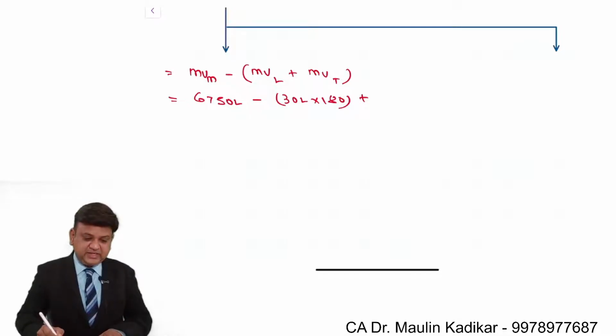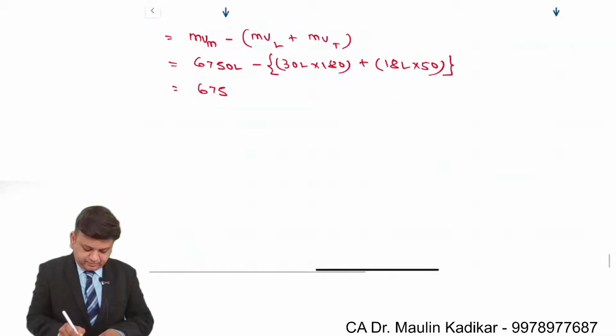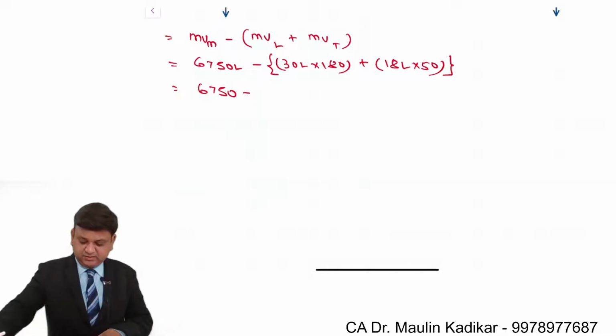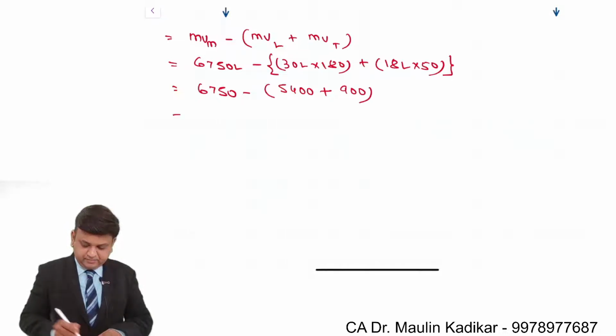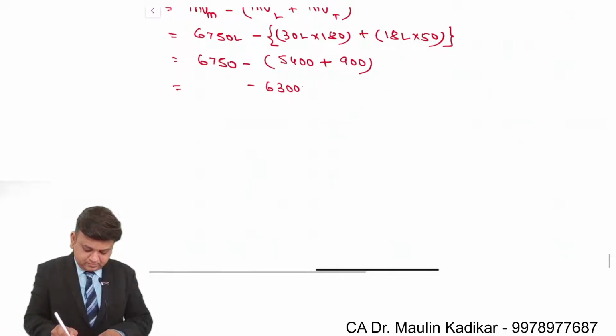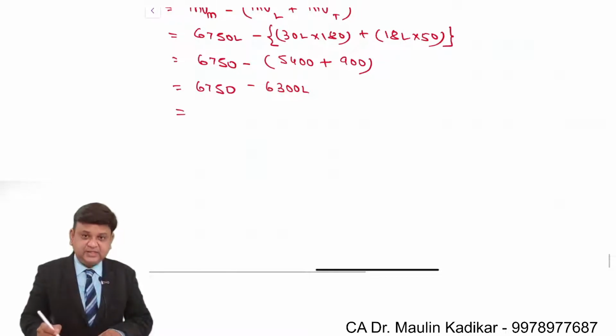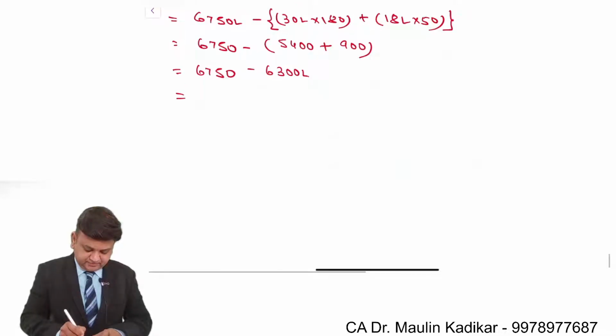Market value of Tall Ltd is 18 lakhs into 50. 6750 minus 30 into 180, that comes to 5400. 18 into 50, that comes to 900. Total of both of them is 6300. That is deducted from 6750. So it is 450 lakhs.